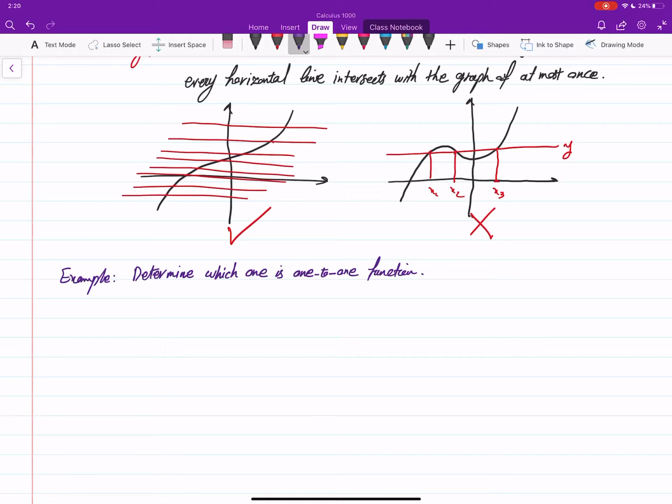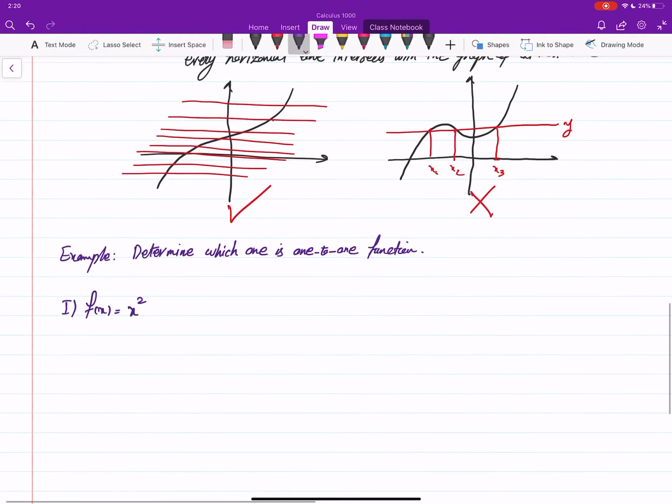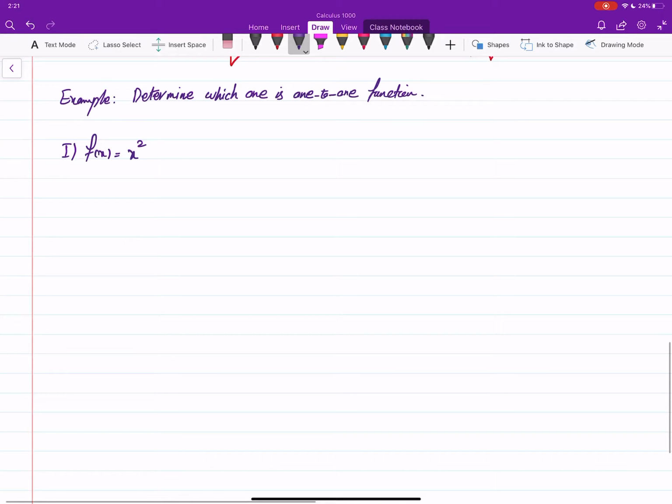So for example, the first one is the function f of x equals x squared. The second one is f of x equals 2x plus 1. The third one is f of x equals e to the power x.